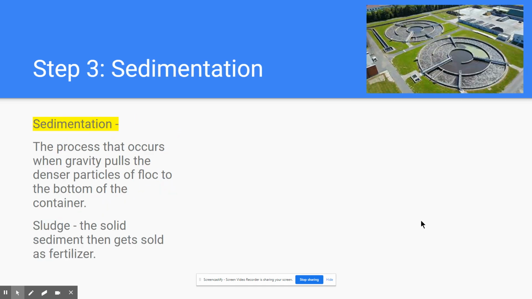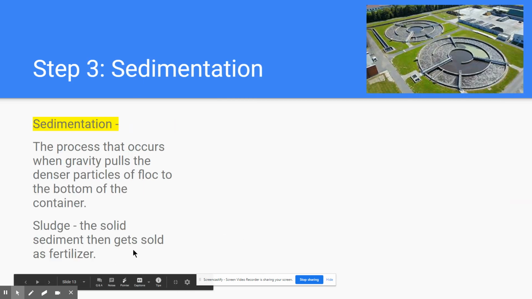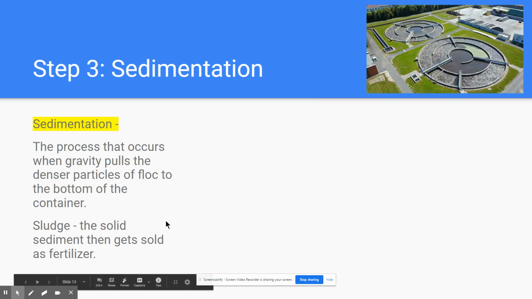which takes us to step 3, which is sedimentation. This is the process that occurs when gravity pulls those denser material particles of flock to the bottom of the container. Okay, now at the bottom of the container, let's write this down.